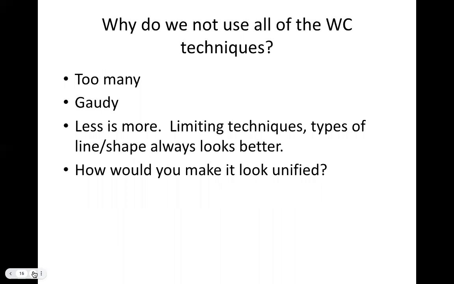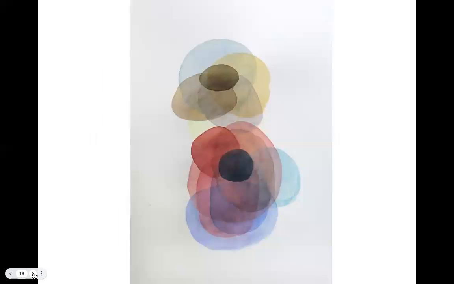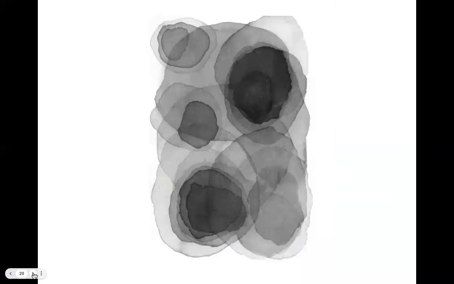So let's see some examples of this, right? So notice how they're using circles and they're layering the circles and they're using color to emphasize those circles. Once again, circles. Here we got triangles. Notice how they're layering on top, starting light and gradually working dark.